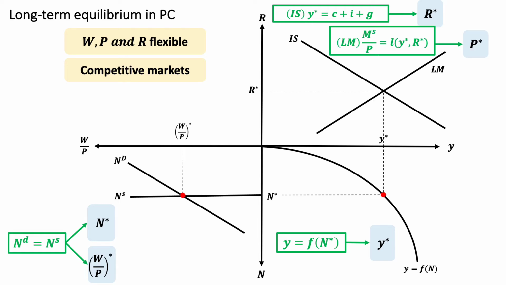And for this level R star, there exists one level of prices on the money markets. So we find P star using the LM equation. Then, with P star, we can easily find W star using the equilibrium real wage. Overall, we were able to calculate the five endogenous variables, and we represented the general equilibrium in the economy.